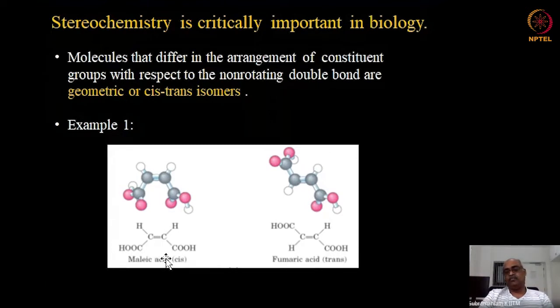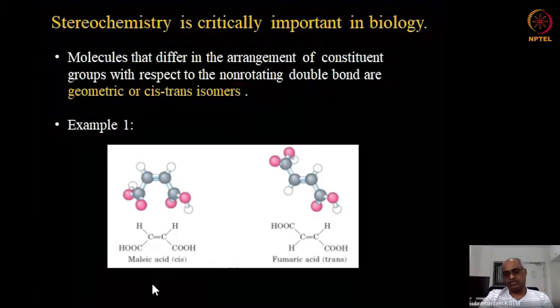I'm highlighting this to make you understand that molecules do not exist the way we draw them on a piece of paper. This fear constantly comes to me because of the way our textbooks are written.